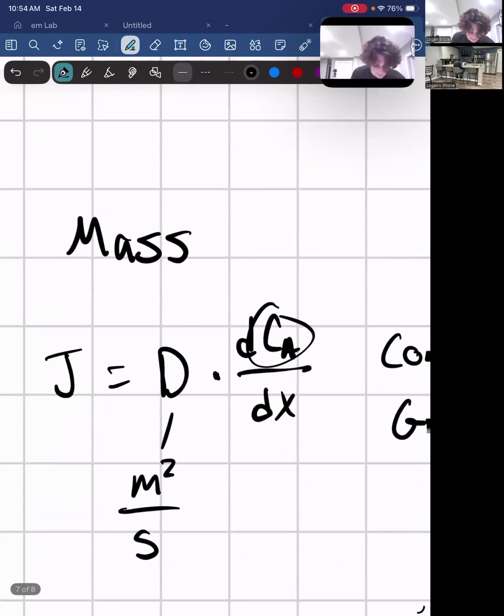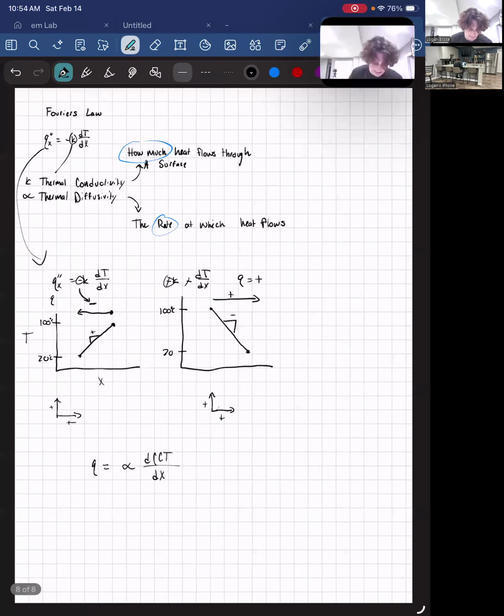And then we have our mass diffusivity, just how it is. And we know that thermal conductivity is how much the heat flows, and thermal diffusivity is the rate at which heat flows. So that will be this video.